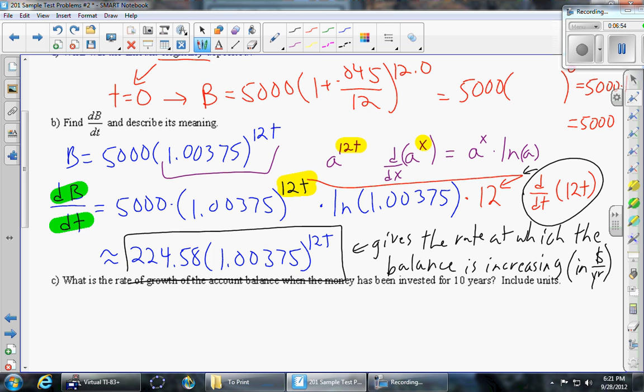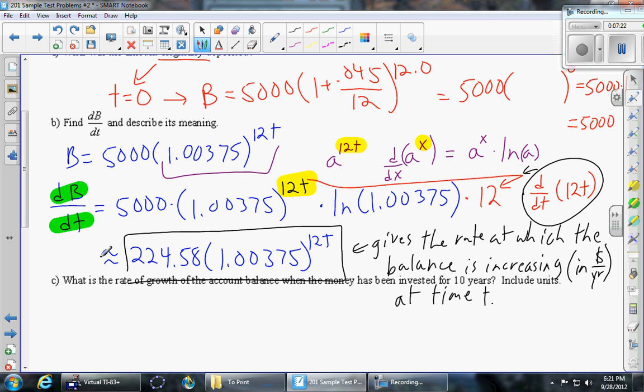So the derivative gives the rate at which the balance is increasing in dollars per year at time T. You could also say it's the rate at which the money is growing, or the balance is growing at time t. And I know it's increasing and not decreasing because all that stuff in the black rectangle is positive. We know that exponential function is increasing the whole time.